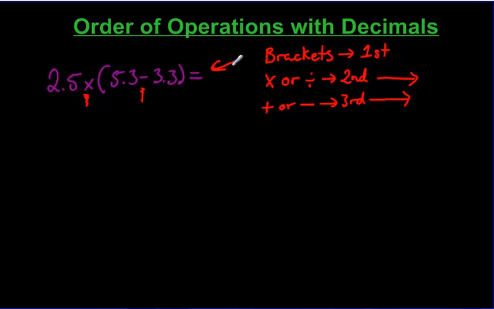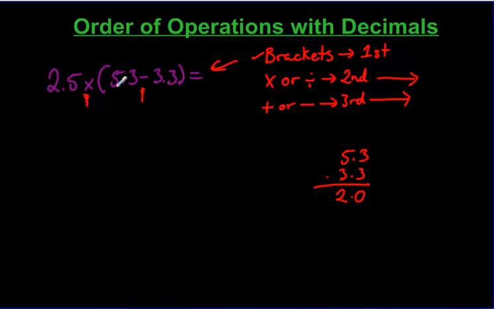We have 2.5 times, in brackets, 5.3 minus 3.3. We're going to do the work in brackets first. I'm going to use this as my workspace: 5.3 minus 3.3 equals 2.0.